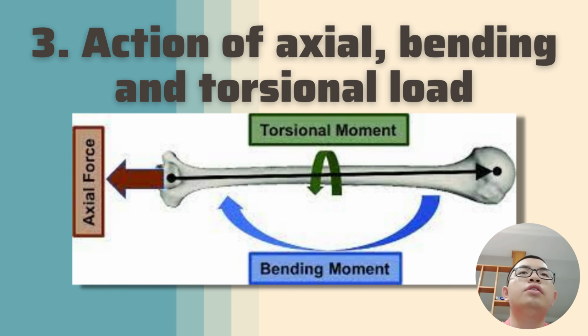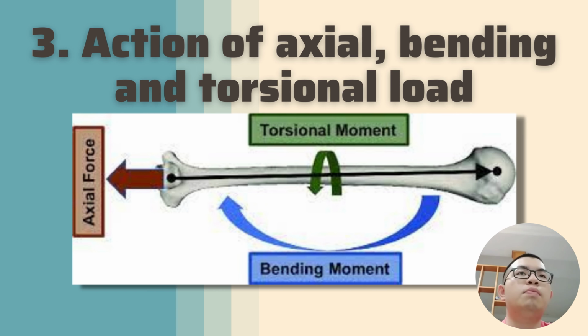And lastly, torsional loads refer to the twisting forces that cause an object to rotate around its axis, such as torque. The study of these loads and how they affect an object helps to determine its strength and durability, as well as any potential design weaknesses or areas that may need improvement.